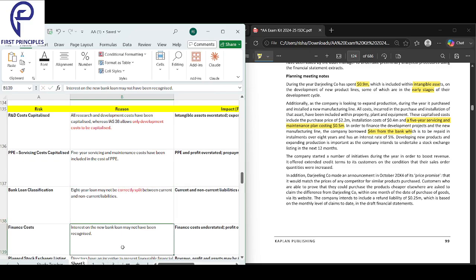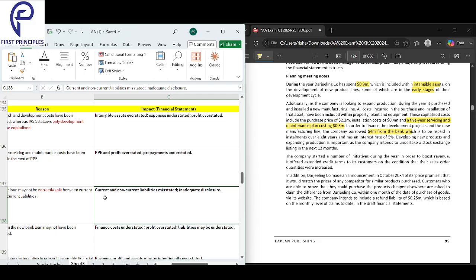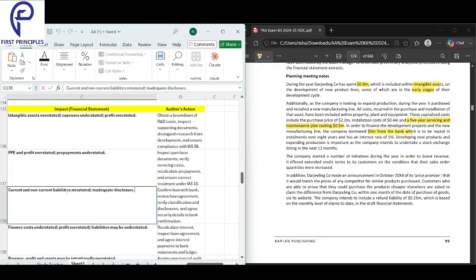What is the problem here? The risk is that there will not be a correct split between current liability and non-current liability. The current and non-current liability are misstated and there is an inadequate disclosure, right?